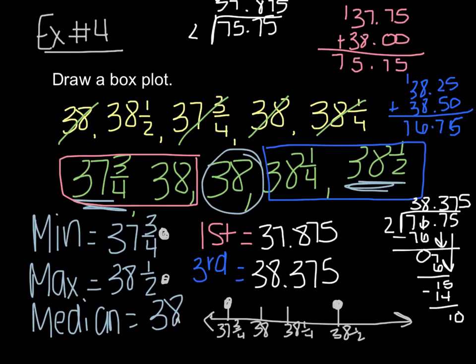Median is 38. First quartile is 37 875 thousandths, which is pretty close to 38. And our third quartile is 38 375 thousandths, which is going to be between 38 1/4 and 38 1/2. Connect your lines for your box and connect to the minimum and maximum.